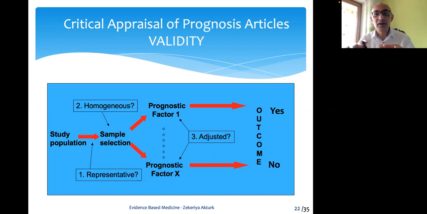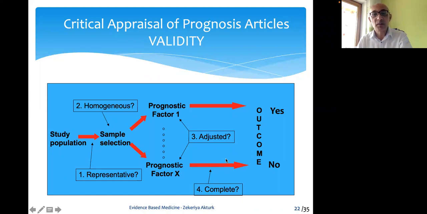Concerning the confounding factors, related factors, they should be similar. If they are not similar, there are statistical methods to do this analysis, and during the analysis, we need to adjust the groups. Otherwise, our comparison would be, of course, open for critics.